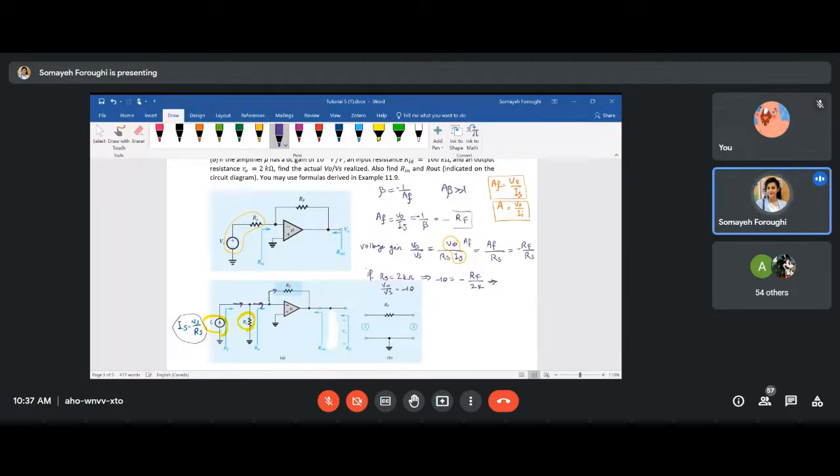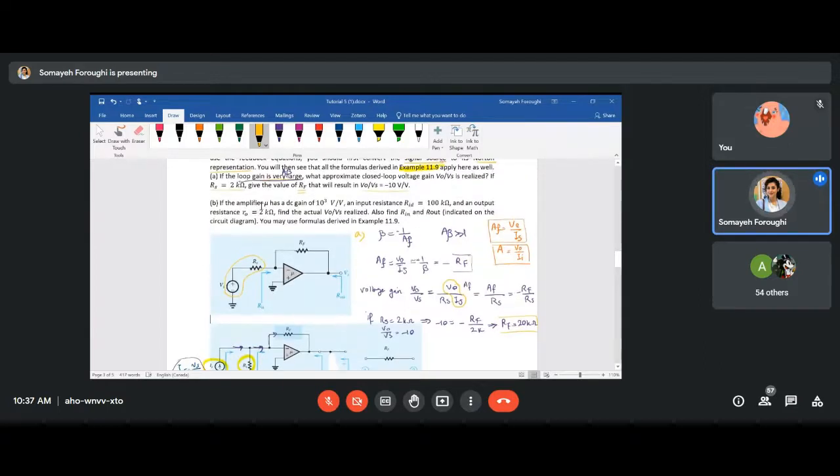So out of here, RF will end up being 20K, 20 kilo ohm. This is your feedback resistance. So that was all related to part A of the question.